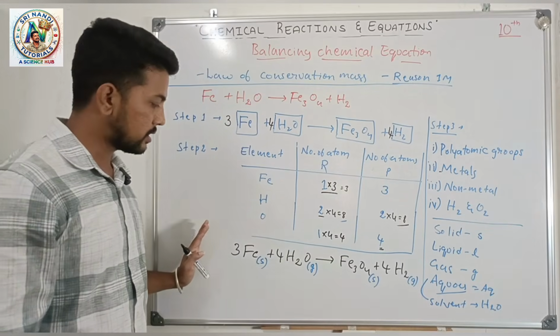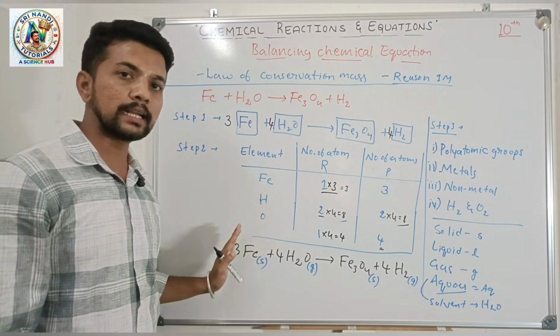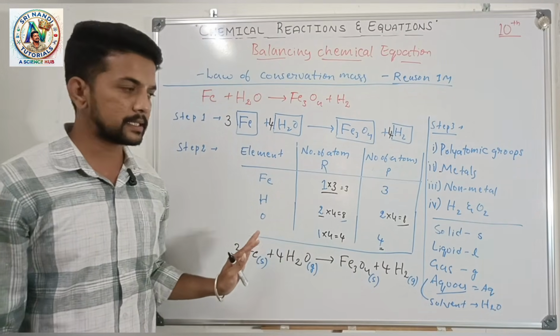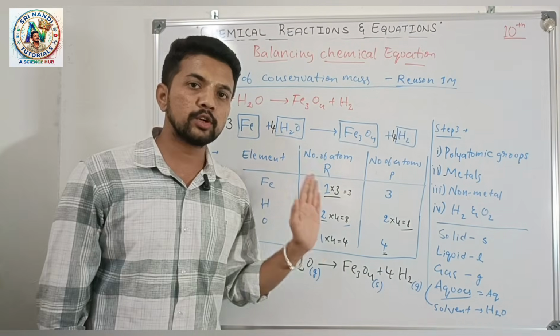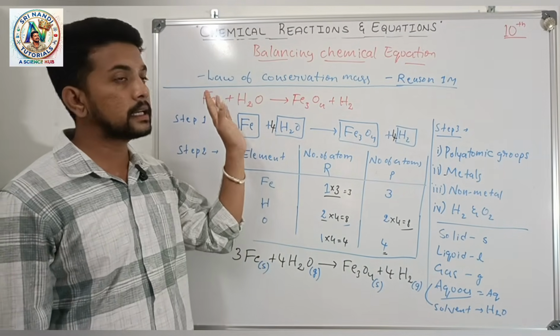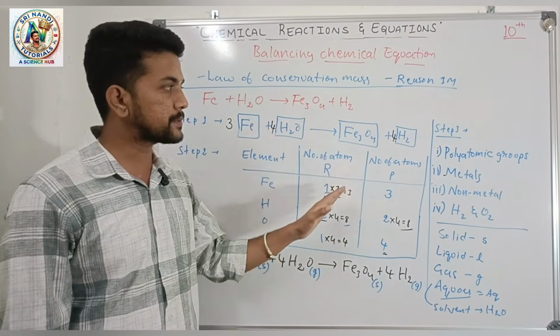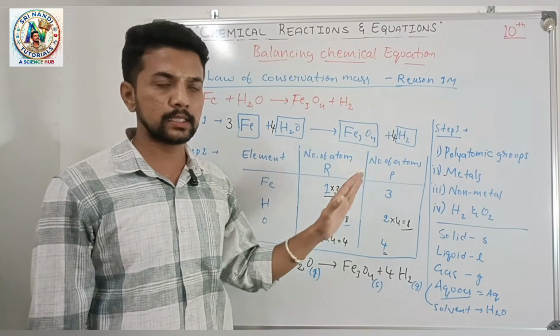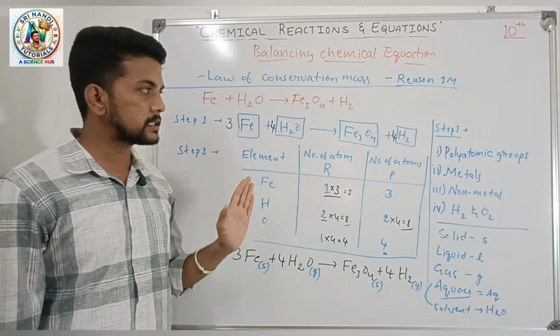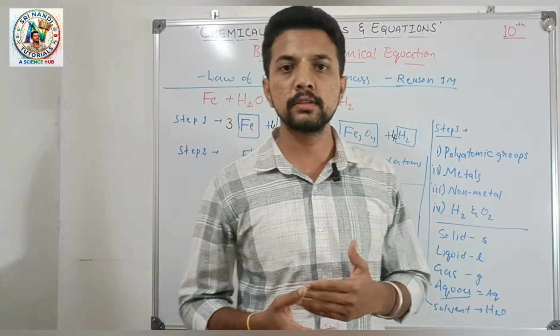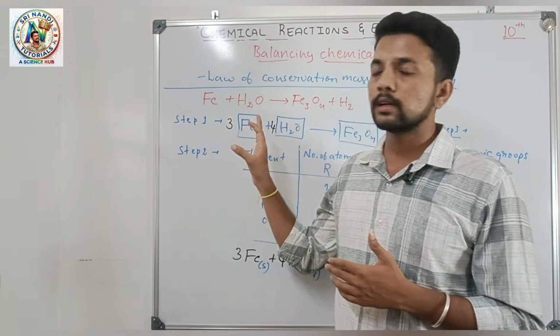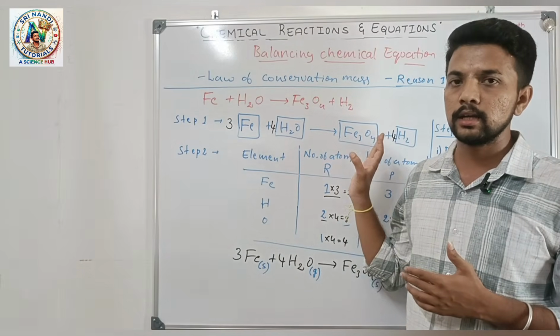So this is the final completely informative chemical equation of this chemical reaction. In today's session, we discussed the concept of chemical equations and the steps of balancing a chemical equation. I have given you an example and taught how to balance step by step. In our next upcoming videos we will discuss more chemical equations. Okay, see you again. Namaskara.